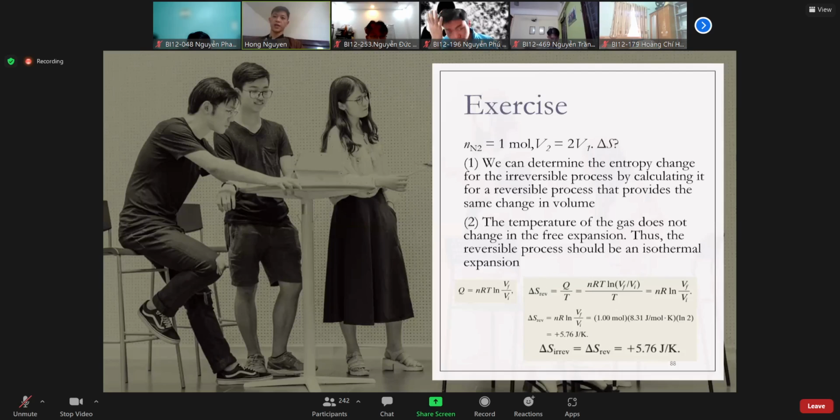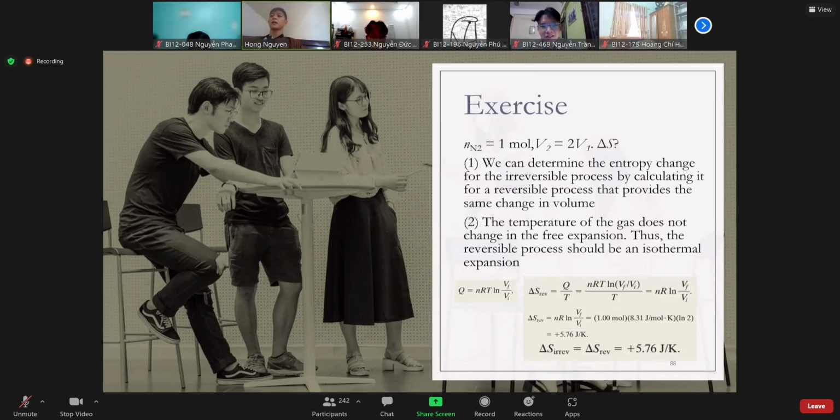For a free expansion, the temperature remains constant, okay? Then we should be able to define our reversible process as an isothermal expansion, having the same initial volume and temperature and the same final volume and temperature. Is it good?